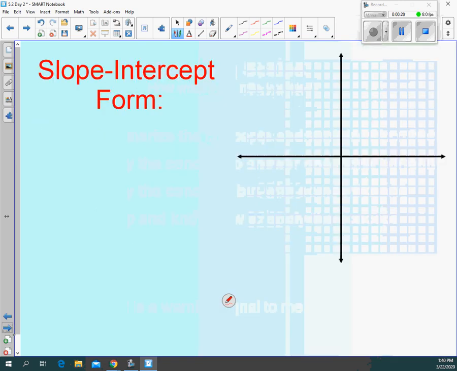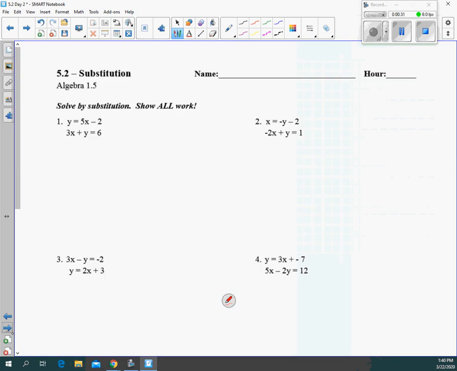Yesterday we talked about substitution when we had one variable shown. Just a real quick recap. If I'm doing number 1, this y is all by itself. So what I'm going to do is take that and plug it in for y in the second one.